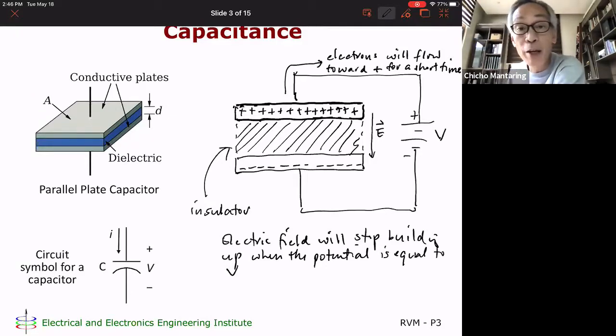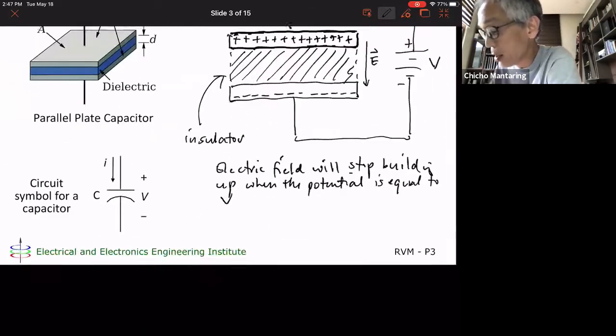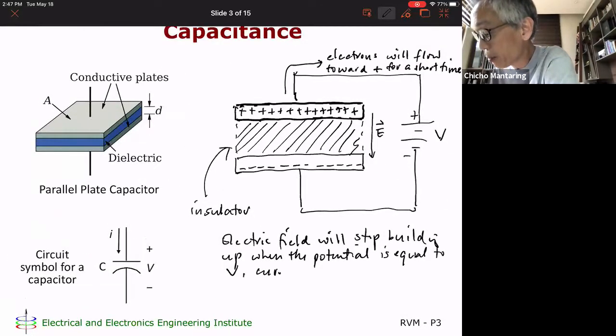And current will not flow anymore. So wala nang current na mag-flow. Current becomes zero.